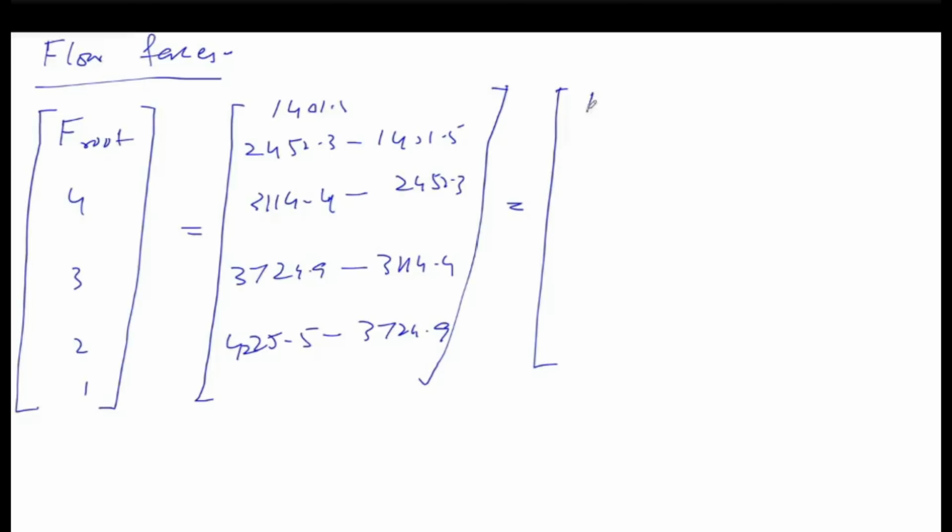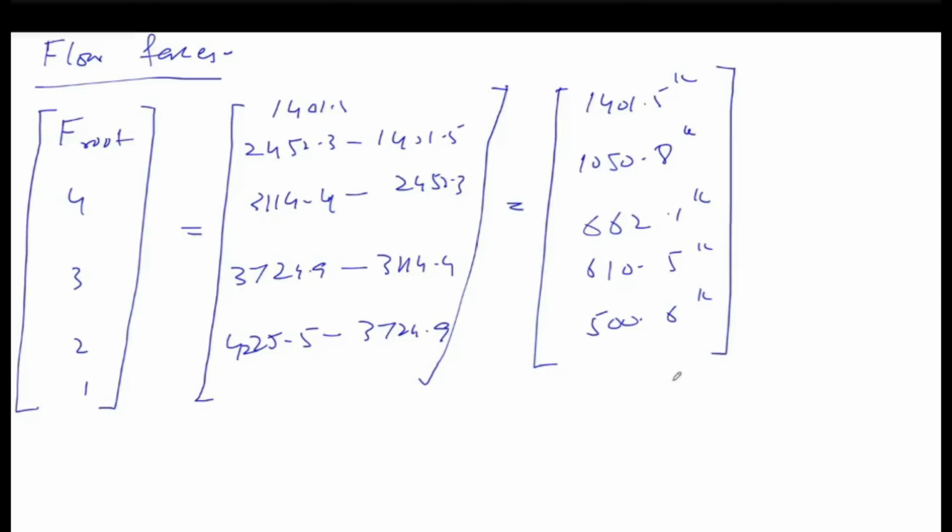For example, here you get 1401.5 kip, then you get 1050.8 kip. The third floor is 662.1 kip. This one is 610.5 kip and 500.6 kip.